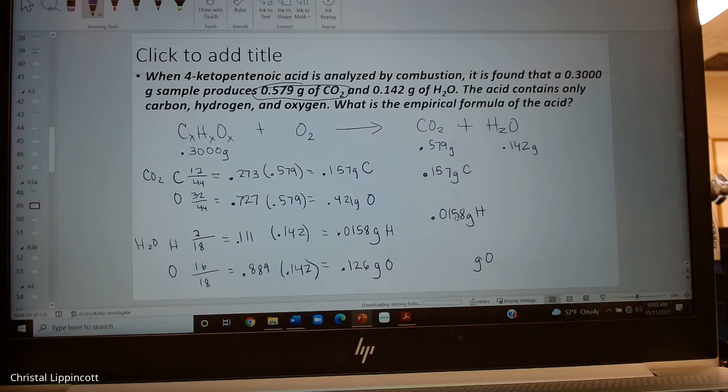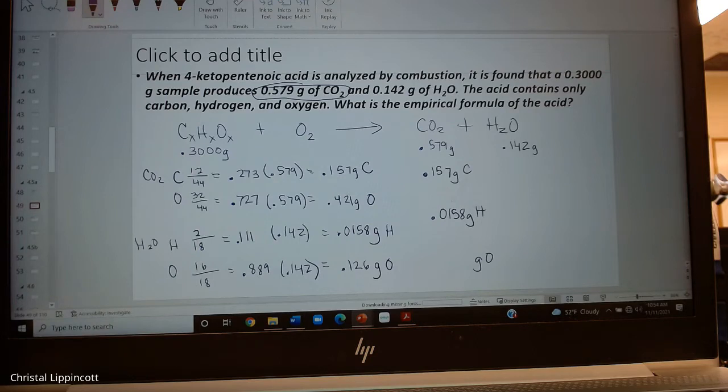I know my hydrogen. Oh, add those together to see how much you have left over. Right. So you know how much this is. If I know how much the whole thing is, and I've got this part and this part, the difference then is whatever is left. That is your oxygen. If it contains 3 parts and you know 2 of them and the whole, you should be able to figure out that third part. Yes? Okay. So that's what I did here.